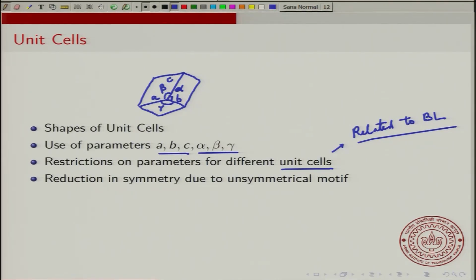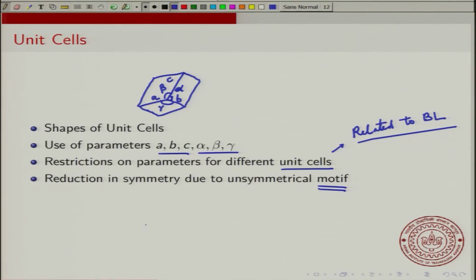So they are related to Bravais lattices, and the overall crystal consists of a Bravais lattice and a basis or a motif. If you have an unsymmetrical motif, then there can be a reduction in symmetry. So the symmetry can be reduced because of the presence of an unsymmetrical motif.